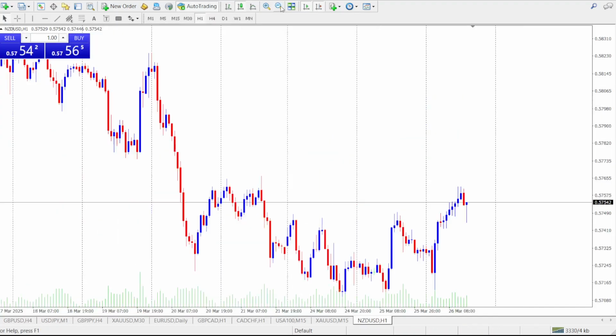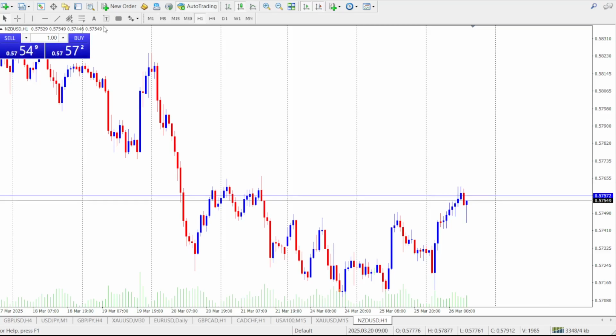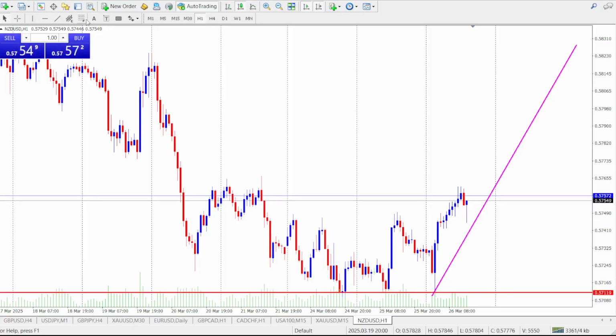So considering the strength of the NZD and the weakness of the USD, you can be looking for buy opportunities on the NZD USD, and just ensure that you pay attention to market structure because it is very important.